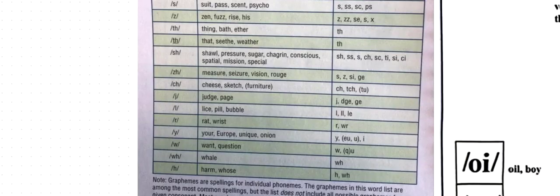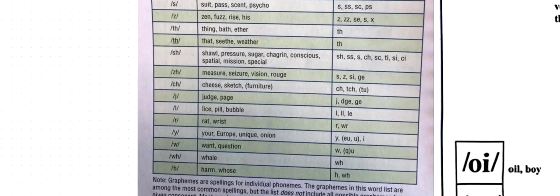So the reason that some of these words have multiple spellings, for example, the H sound, you can spell with an H or a W and H, is because some of these words are not English words. Harm is an English word, an old English word, but whose, that may be a Latin word. And so we keep the W so that we know that it is a Latin word or a Greek word.